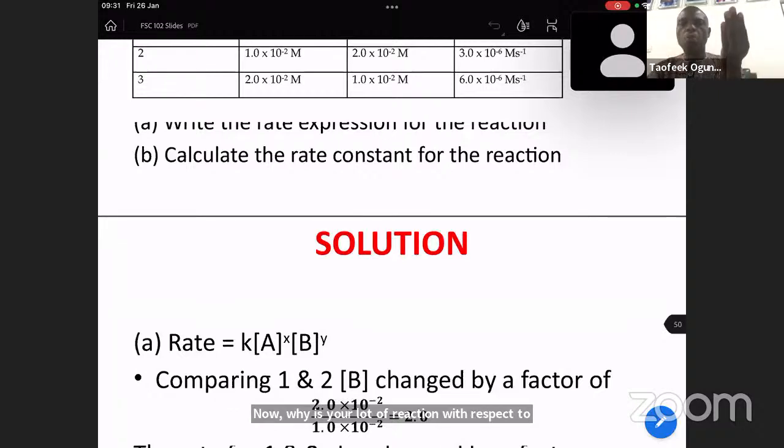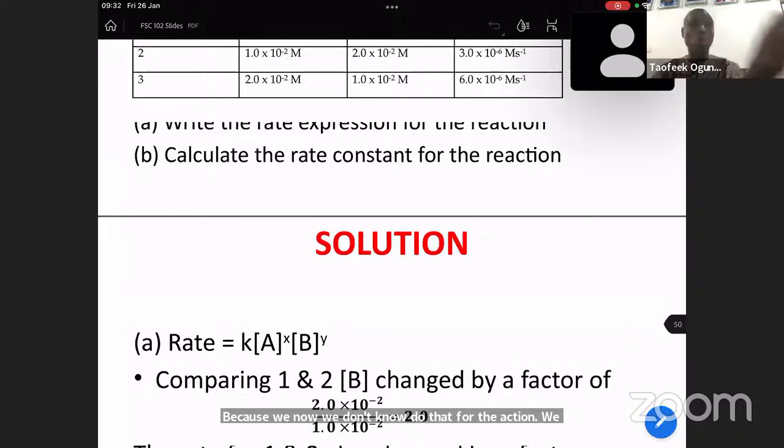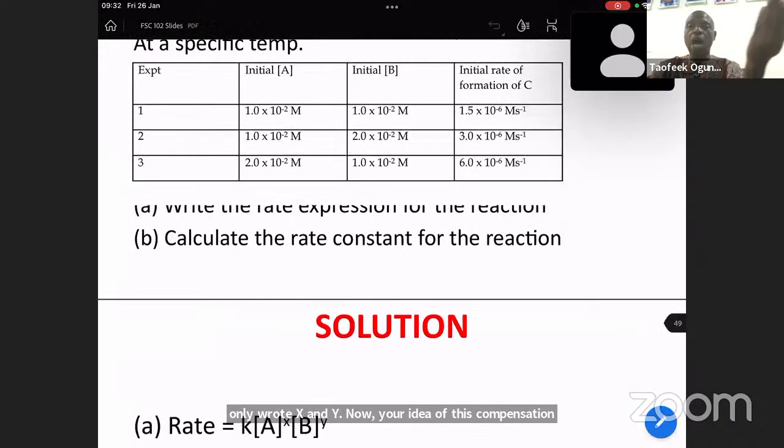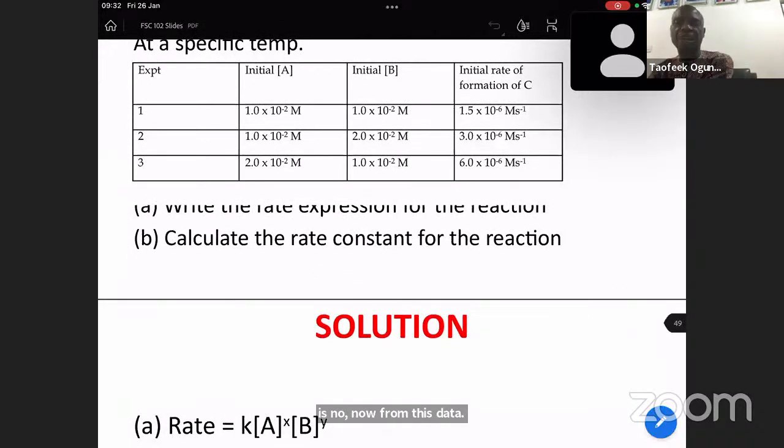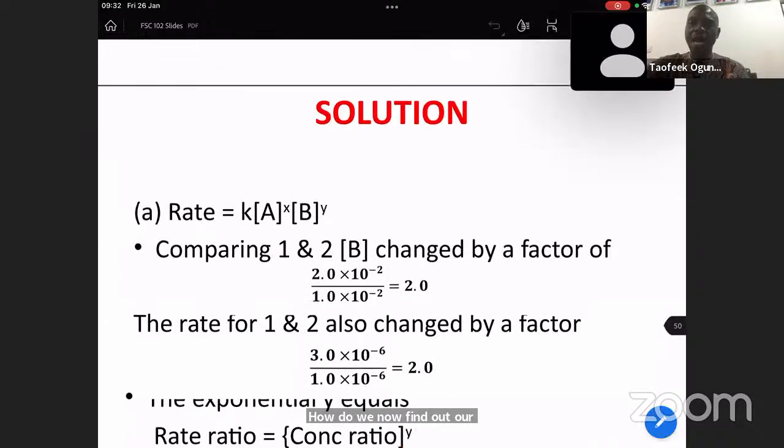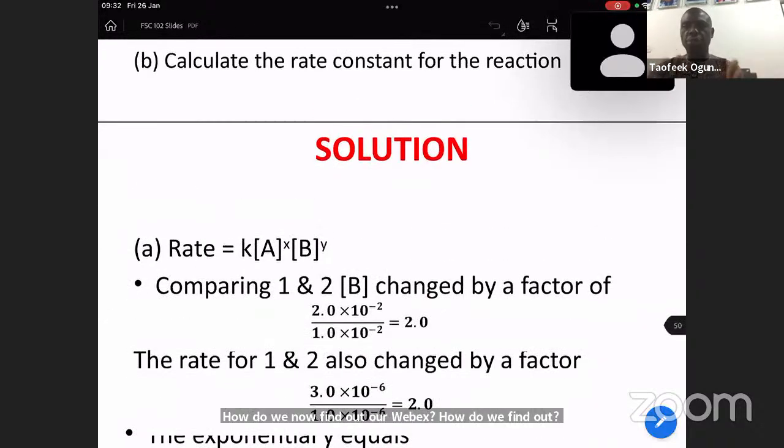Now, you can't complete a rate expression without the experiment, because we don't know the order of reaction. We only wrote X and Y. Now, the whole idea of this conversation is, from this data, how do we find out our X? How do we find out our Y? Like I said, you're going to be comparing what happens to concentration.